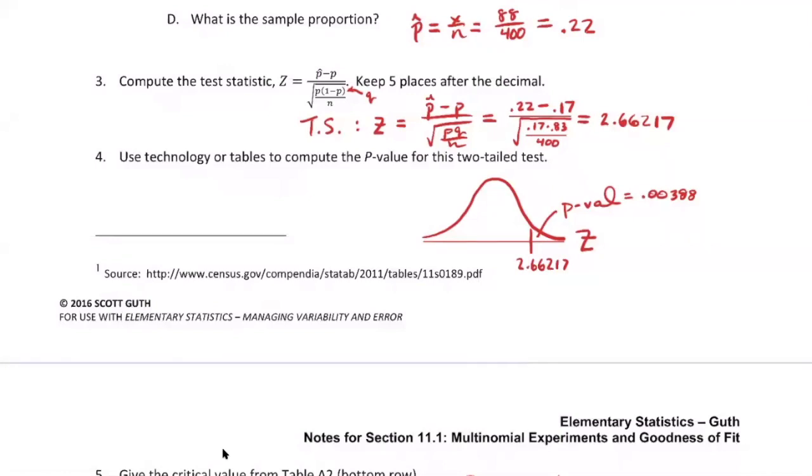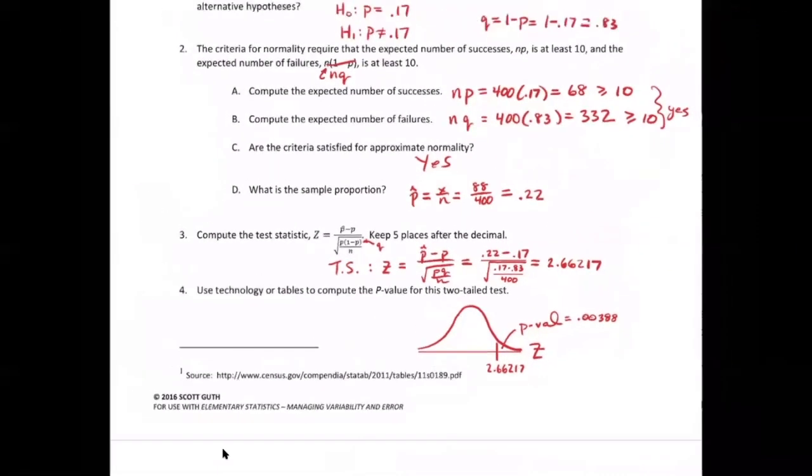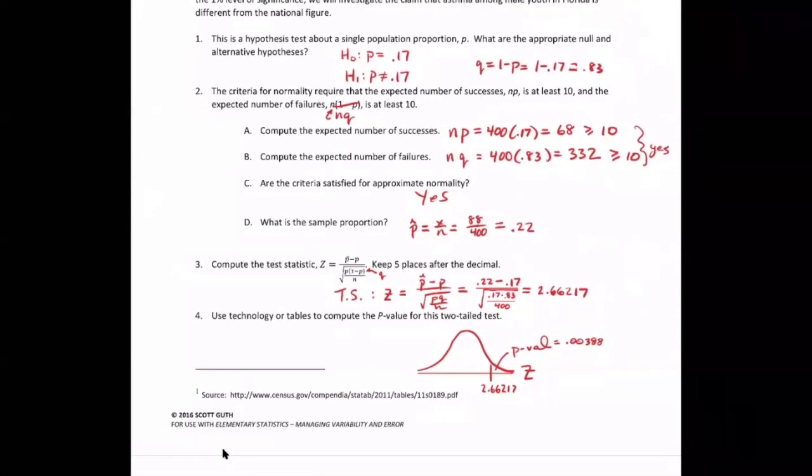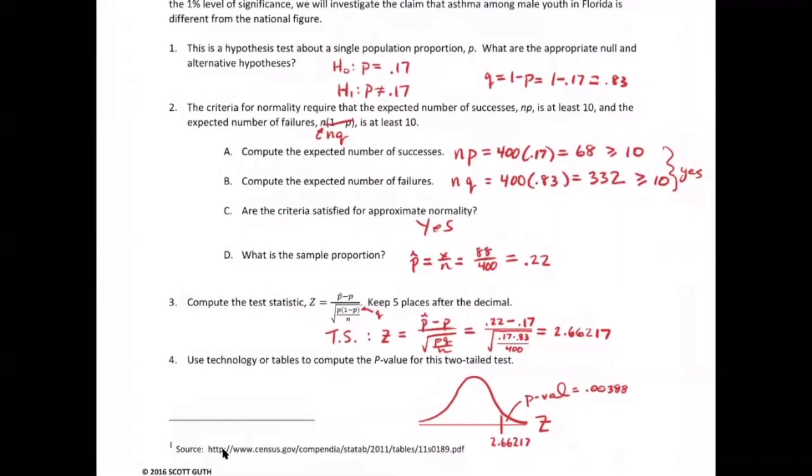Why is it different? You guys know why it's different. Think about it. Everything you need to know is what you're looking at here. Why is the p-value wrong?